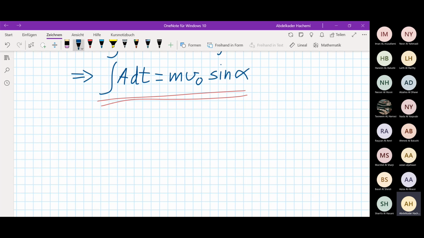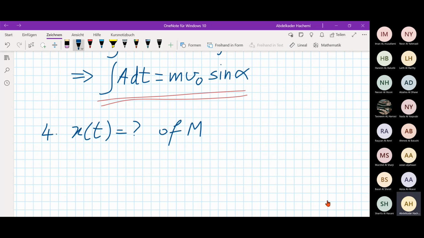Now what is asked in the fourth question is to determine x(t) of the mass M. To get this, we will get the differential equation. We look at the forces.